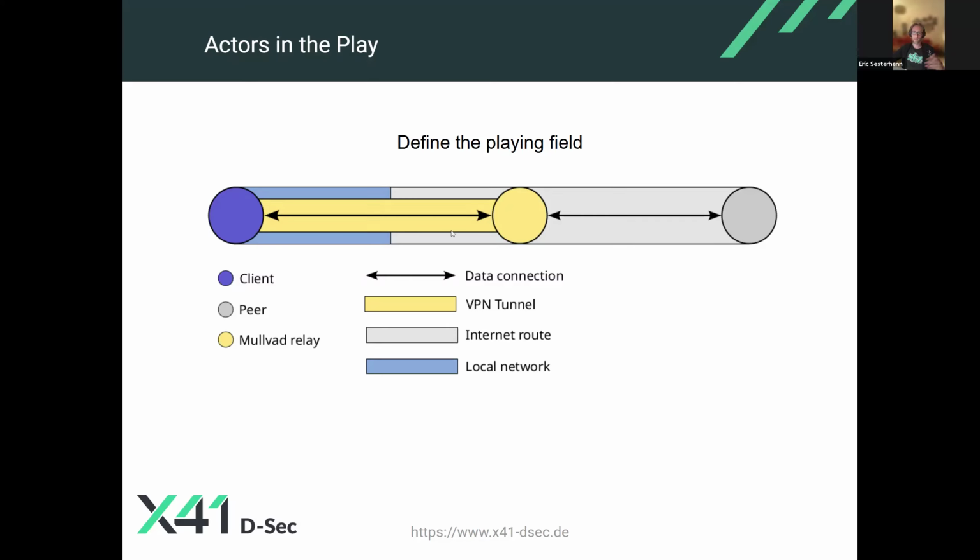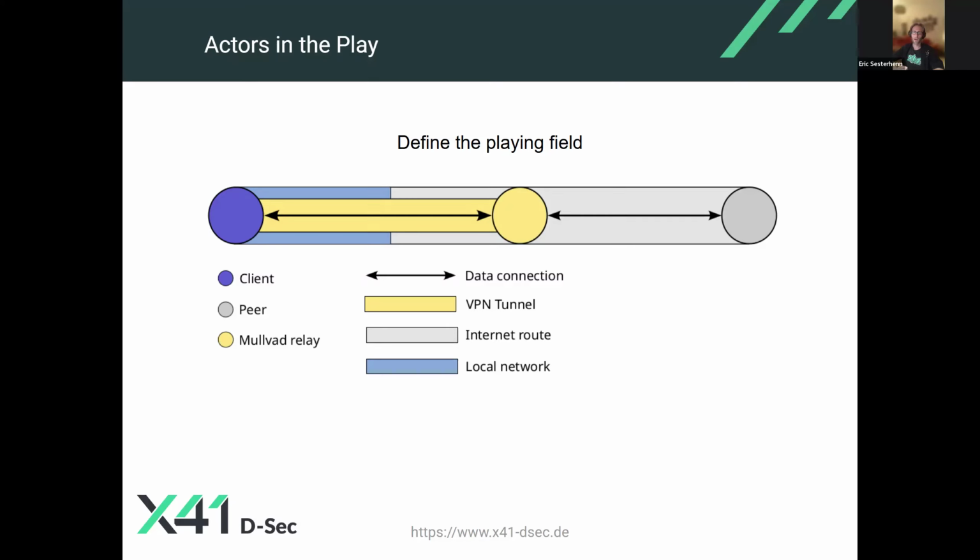So you have the client, the peer, and the Mullvad relay that terminates the VPN. But you also have the internet provider involved. You have some third parties involved that do the routing. So you can get some parts of the threat model already quite easily from your network diagram.